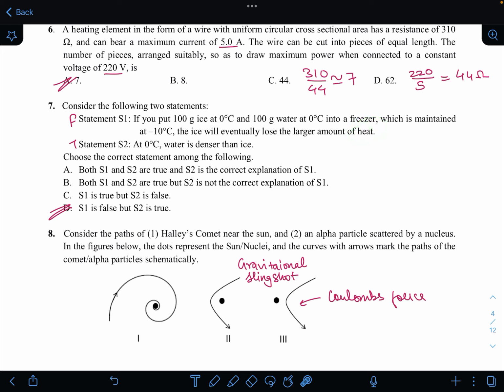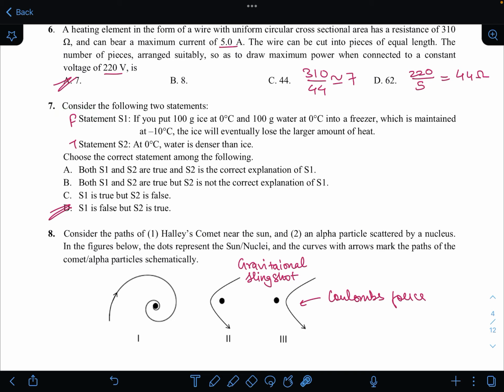So the heat loss from both will be the same because first of all their weights are the same, and second of all the temperature at which they are maintained is also the same. So this is absolutely a wrong statement. Ice and water both will lose the same amount of heat. So the first statement becomes false.